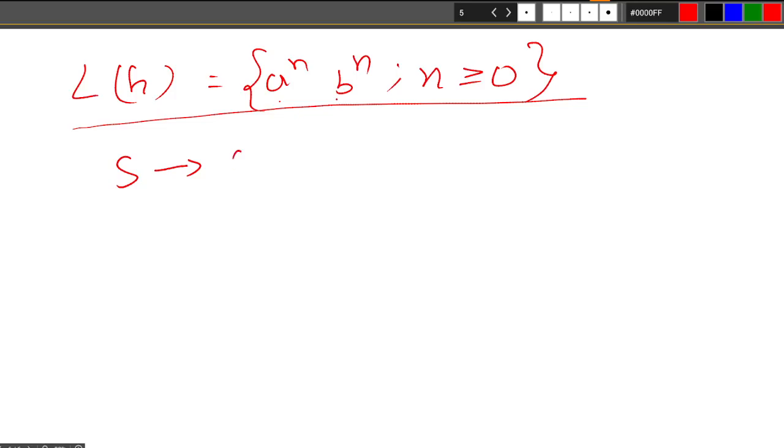Whenever there is an A, there is a B. There may also be neither A nor B. However, you want this to be repeated any number of times. So let me write S in between them: there is A and B, here it is S, and if you want more AB, you replace this S with the same thing. In the last, if you don't want further, you replace this S with lambda. So this will be a possible grammar for this language.